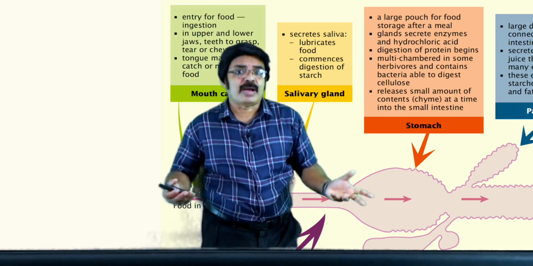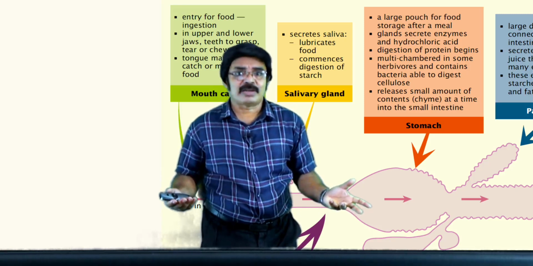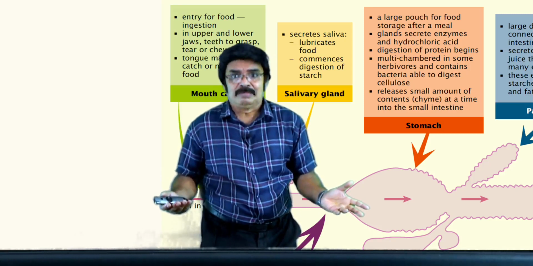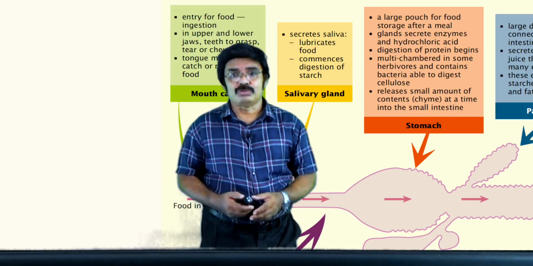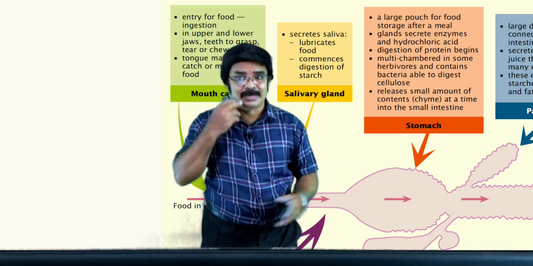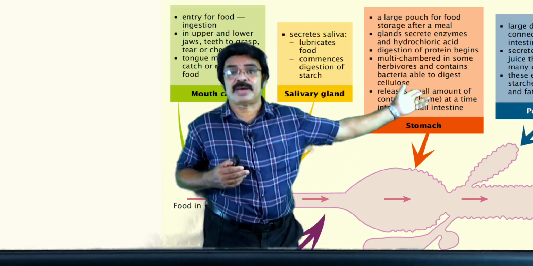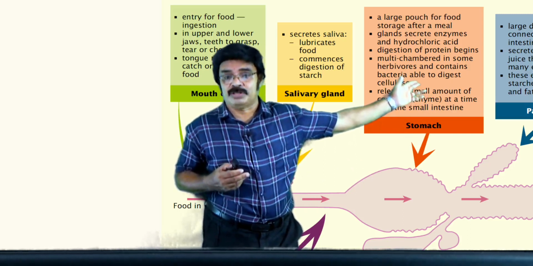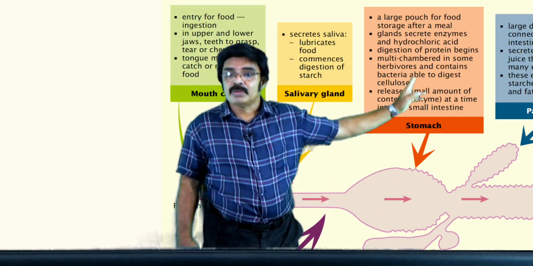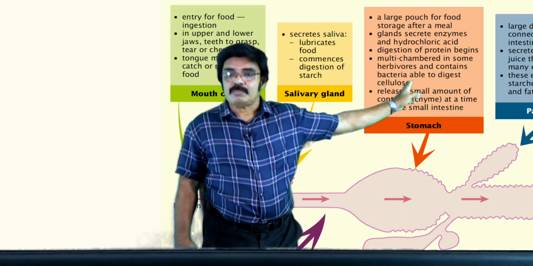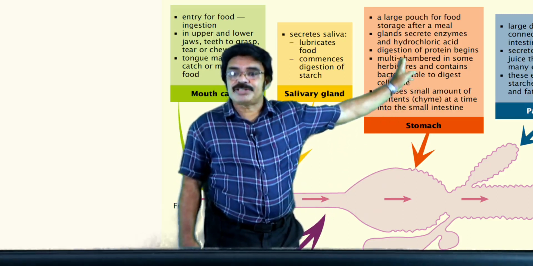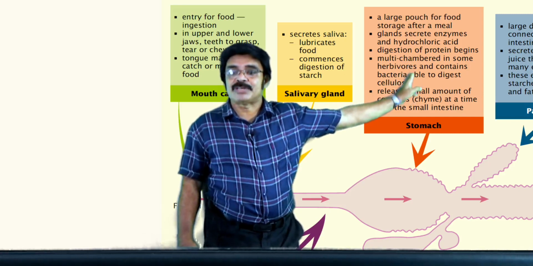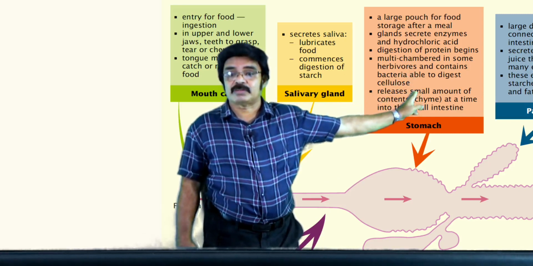They don't secrete cellulase. Cattle, the cows, don't secrete cellulase, but the enzymes needed for digesting cellulose are given by some bacteria. Multi-chambered in some herbivores and contains bacteria able to digest cellulose.